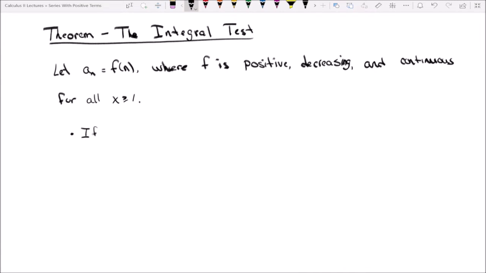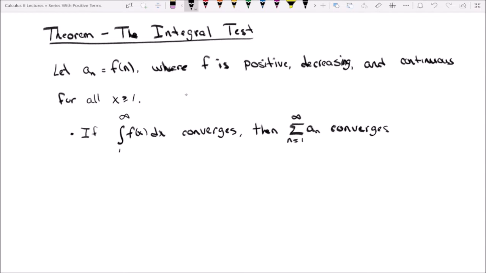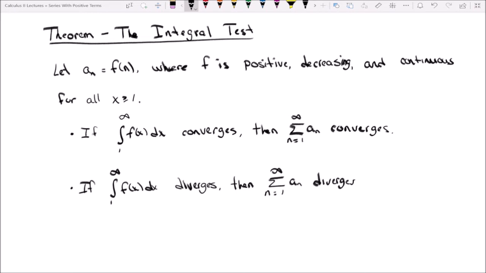If the integral from 1 to infinity of f of x converges, then the series n equals 1 to infinity of a sub n converges. If the integral from 1 to infinity of f of x diverges, then the series n equals 1 to infinity of a sub n diverges.